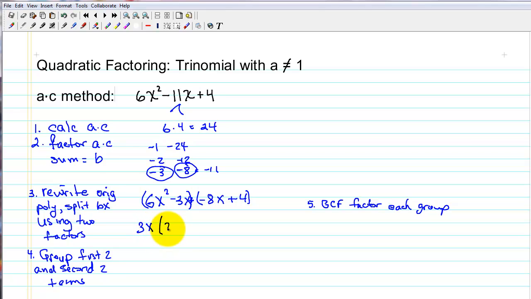And I'm left with 2x minus 1. And I'm going to GCF factor here. They're both divisible by 4. And the important skill here is if this leading coefficient is negative, we're going to factor out a negative, so negative 4. So if I divide negative 8x by negative 4, I get 2x. And positive 4 divided by negative 4 is negative 1.